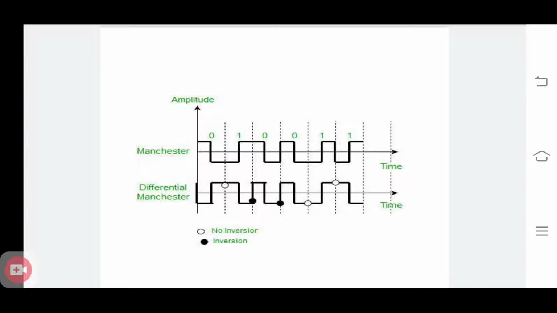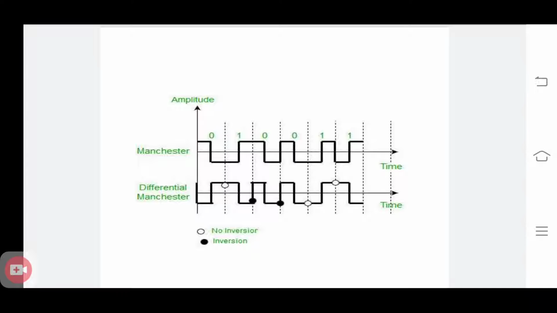In Manchester, if 0 is there, then it's a high to low transition. You can see in the first figure there is a transition from high to low, right? 0 is represented at the transition in the middle of the bit.